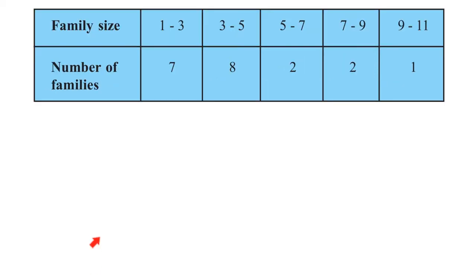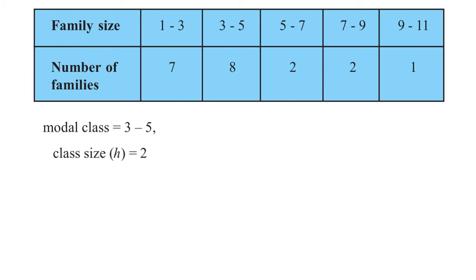So the modal class we know is 3 to 5. Class size is 2, h, because 3 minus 1 is 2, 5 minus 3 is 2, so that is the size of the class.